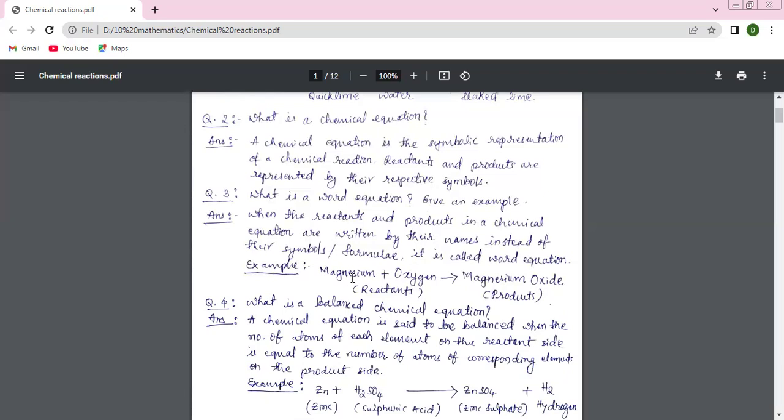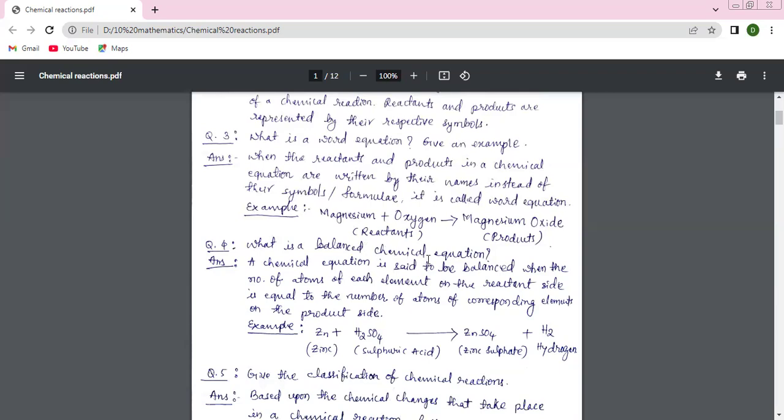Here magnesium is there. Instead of magnesium, we would have written Mg. For oxygen, O. We would have used the symbols. But instead of using the symbols, their names are directly used to represent the equation. So when you are representing an equation in this form, it's called the word equation.